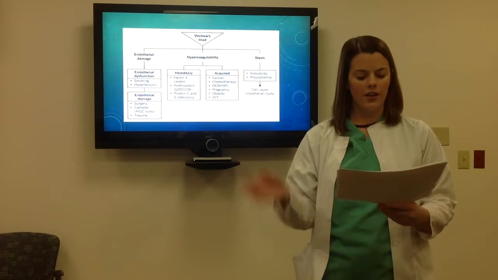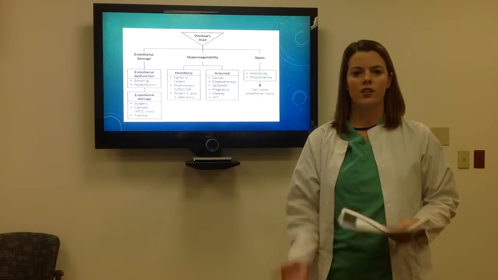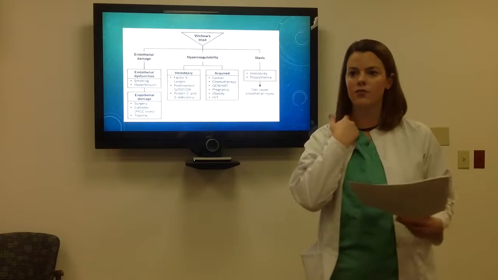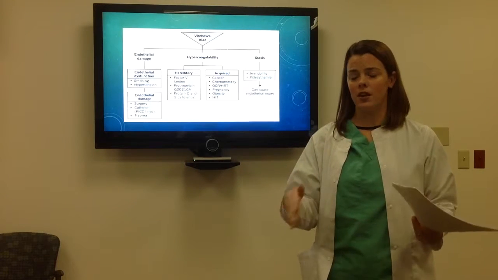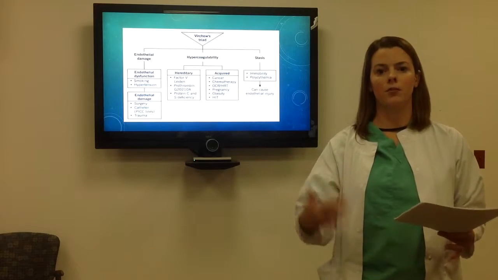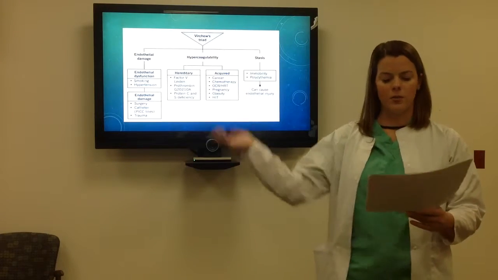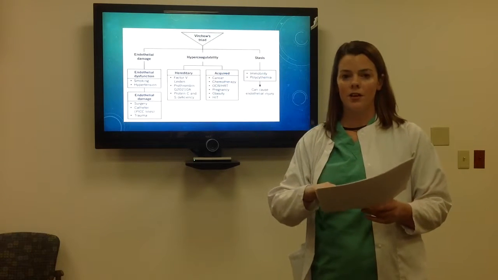There are also hereditary insufficiencies that you can discuss with your physician if that puts the patient at a higher risk for venous thromboembolism or thrombus formation. And then the acquired ones such as cancer, chemotherapy, and then as we previously discussed, immobility and polycythemia.